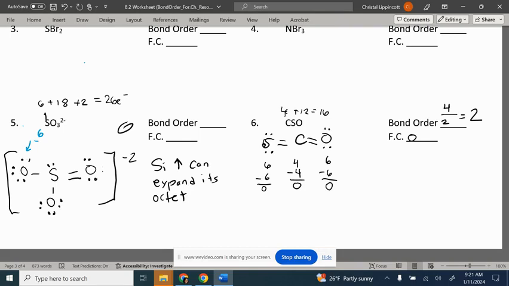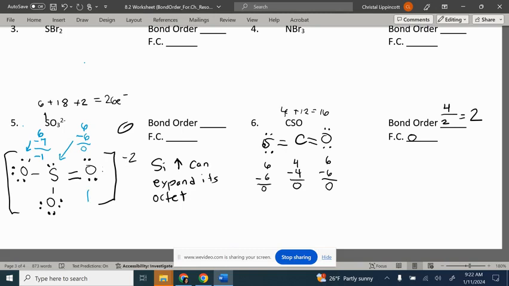Has 1, 2, 3, 4, 5, 6, and the line counts as 1, giving us a total of 7. So the formal charge on that oxygen is going to be a -1. My sulfur here, it should have 6. It has 2, 3, 4, 5, 6. Its formal charge is 0.